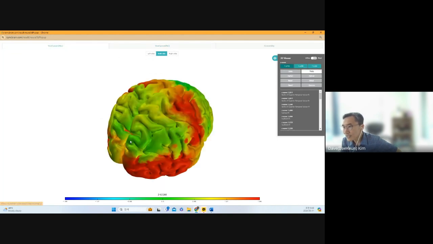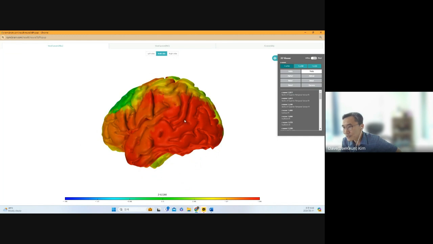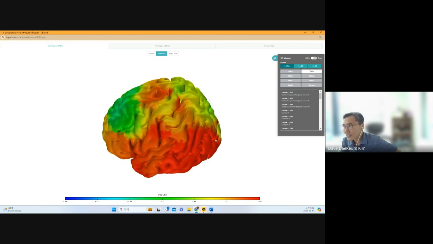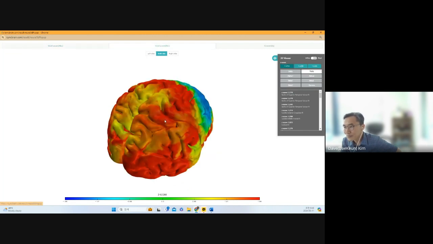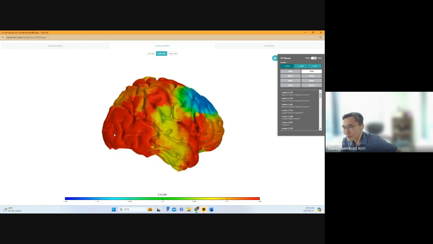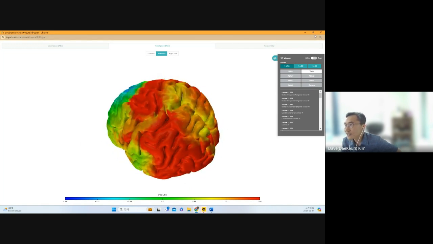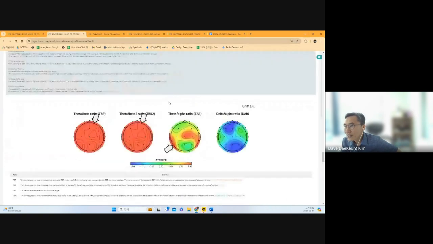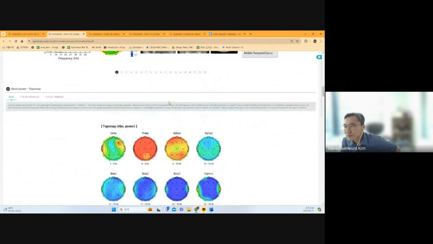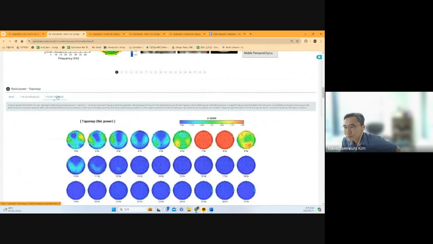We can see the absolute theta activity in the left here compared to the right, but in the relative, I cannot see this big difference between left and right. I need to go back to what the absolute and relative is.